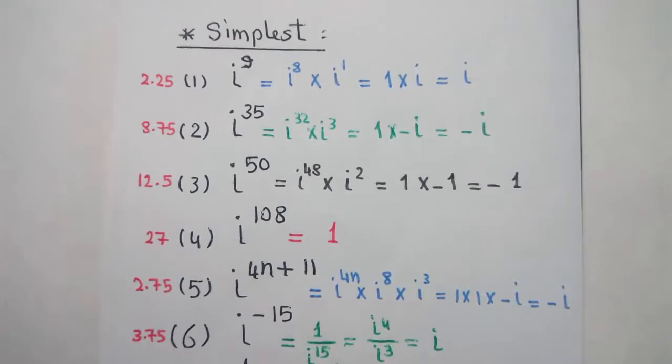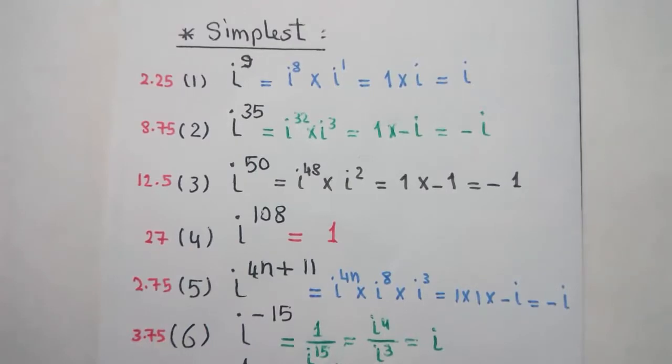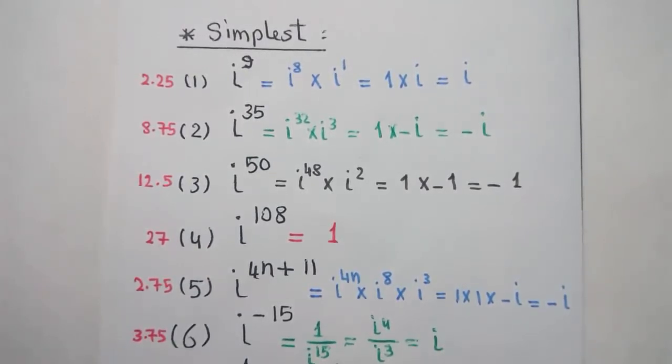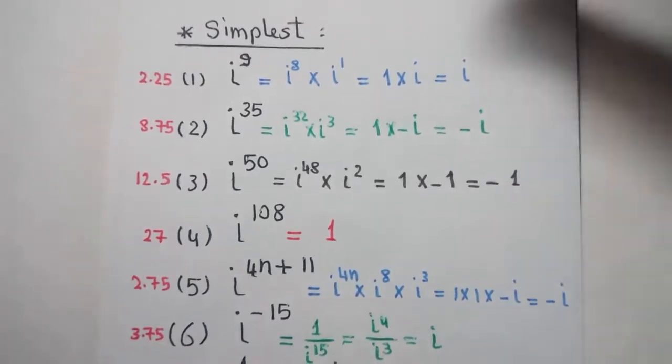We change it to i power 4, 4 minus 1 gives i power 3, negative. Then i power 8x minus 21: 8x is a factor of 4, so 1 over i power 21, negative. 21 divided by 4 is 5.25, so i power 1. We change it to i power 4, i power 4 divided by i power 1, which gives i power 3, equal to negative i.